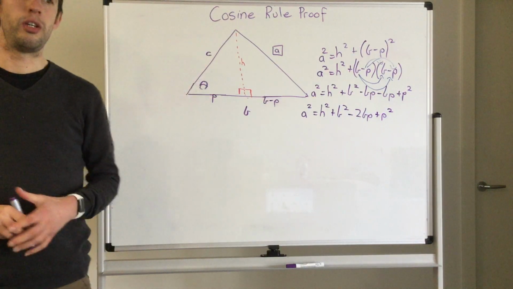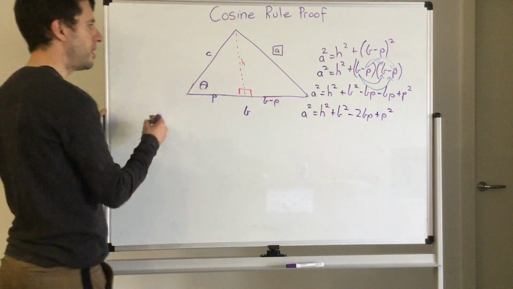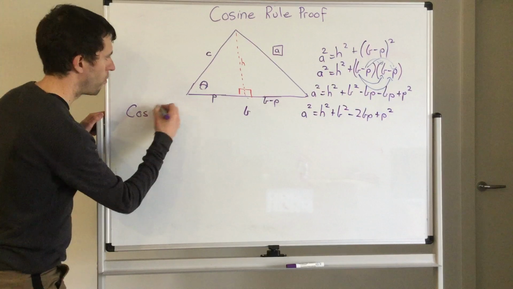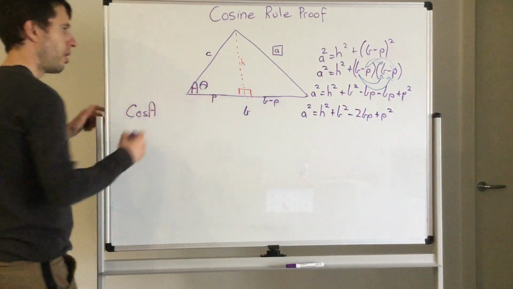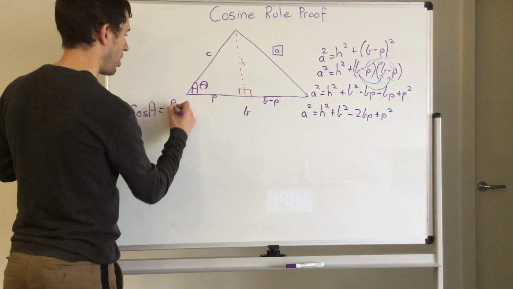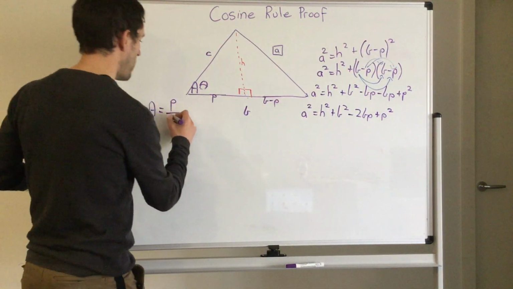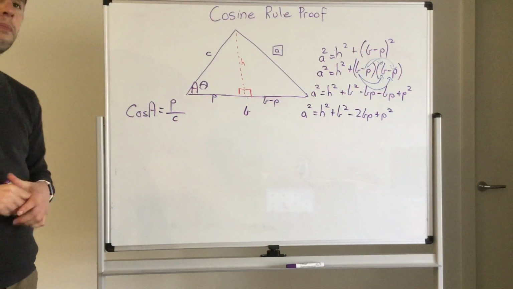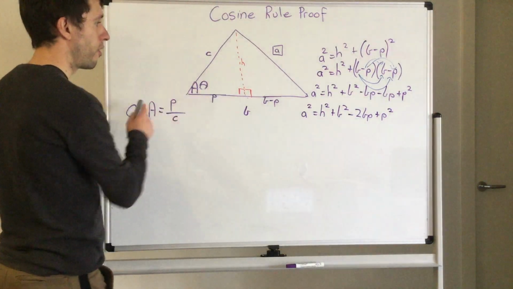Let's jump over to this side. There's a few things that we know. One is this side, which is cosine alpha. Well, I'm going to name this angle A. Cosine A equals the adjacent over the hypotenuse, C. So P over C. Another thing that I know is that I have Pythagoras theorem here.